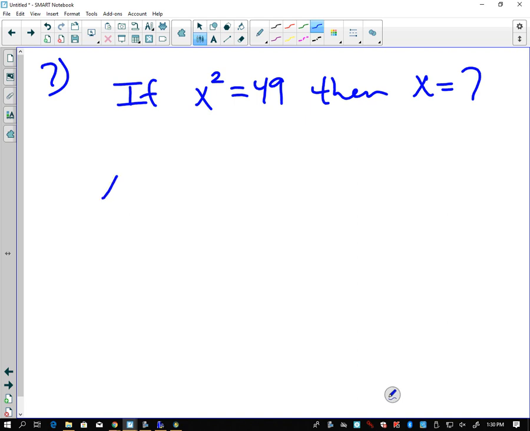X equals -7 is a counterexample. Does -7 squared equal 49? Yes, but is -7 equal to 7? No. It's got to be something I can plug in for x and square it and get 49, but is not equal to 7. It's got to be true hypothesis, false conclusion in order to have a counterexample.